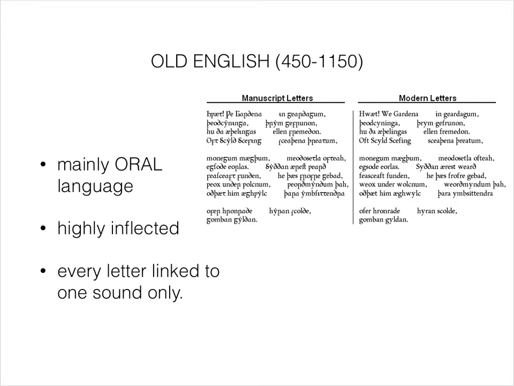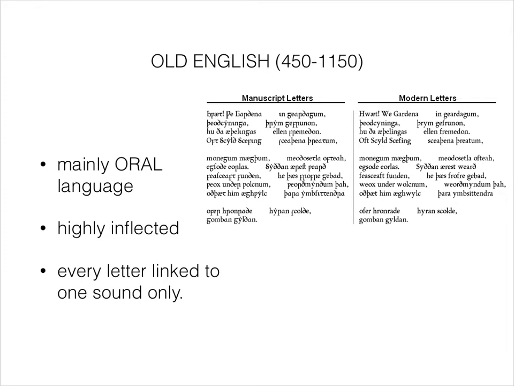And what happens with oral languages? The oral tradition is great, but everyone can do whatever they want. They change lots of things, and if there's nothing or very little written down on paper, you know what happens.